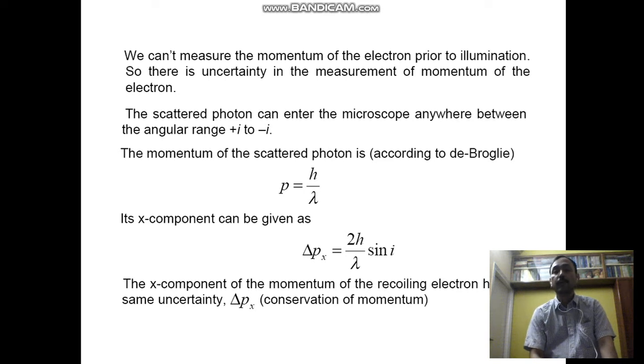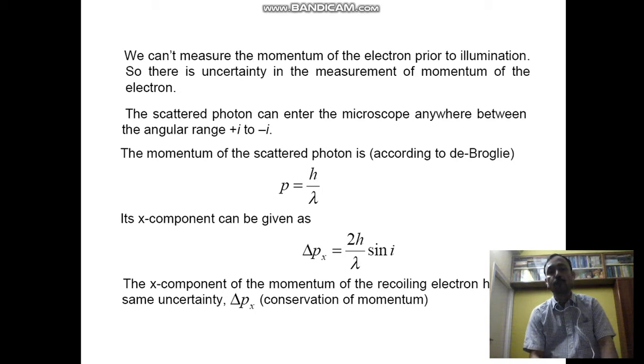That means before the light falls on the electron, we can't measure the momentum of the electron. So there is an uncertainty in the measurement of momentum of the electron.